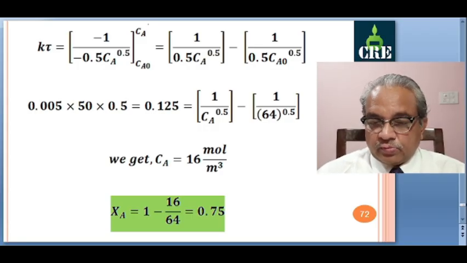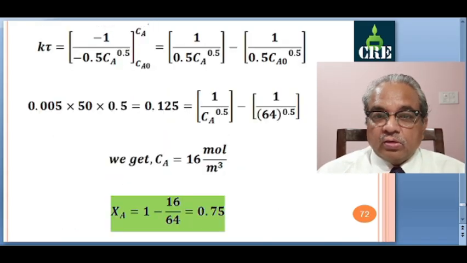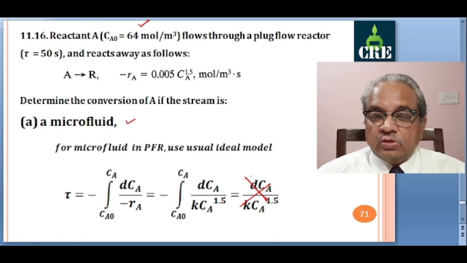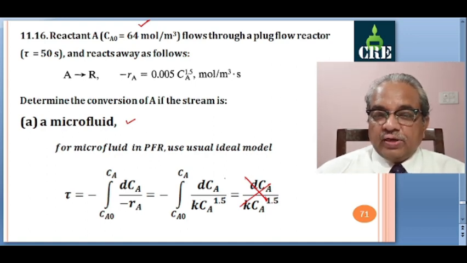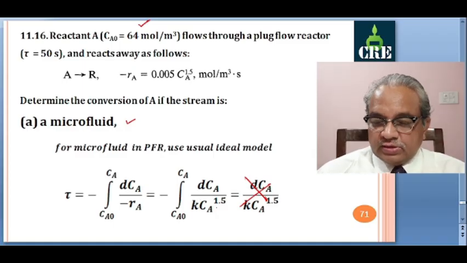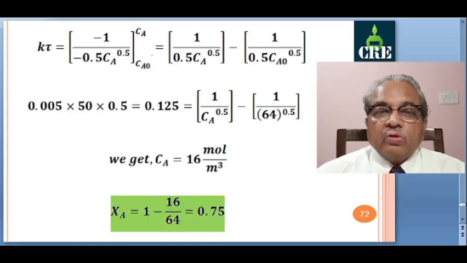This minus sign is carried out. Ca raised to minus 1.5, if I add 1 to the power, becomes minus 0.5. So this minus sign divided by minus 0.5 can be transferred to the denominator as Ca raised to 0.5.